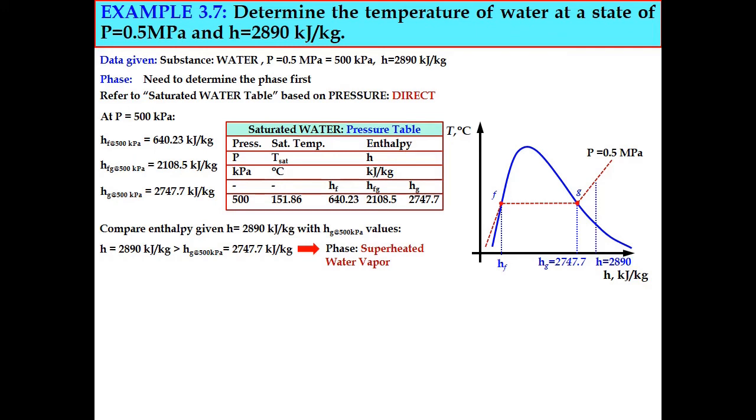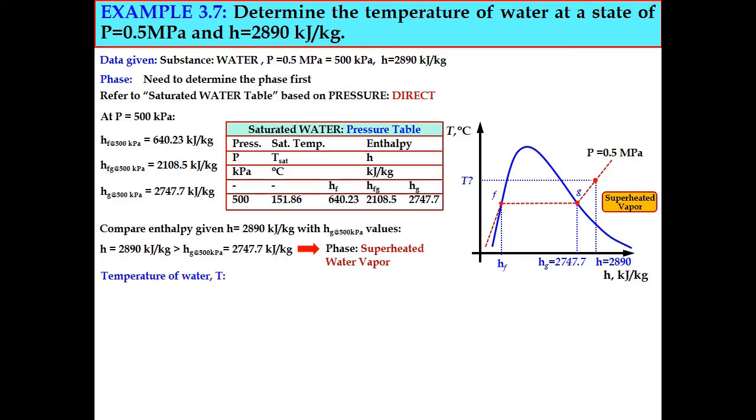The value is higher than Hg, so just draw the vertical line for H 2890. The line will intersect with the constant pressure line of 0.5 megapascal, and the intersection is within the superheated vapor region. So we have two methods: we can use the T-H diagram, or we can simply compare the value of H with Hg or Hf.